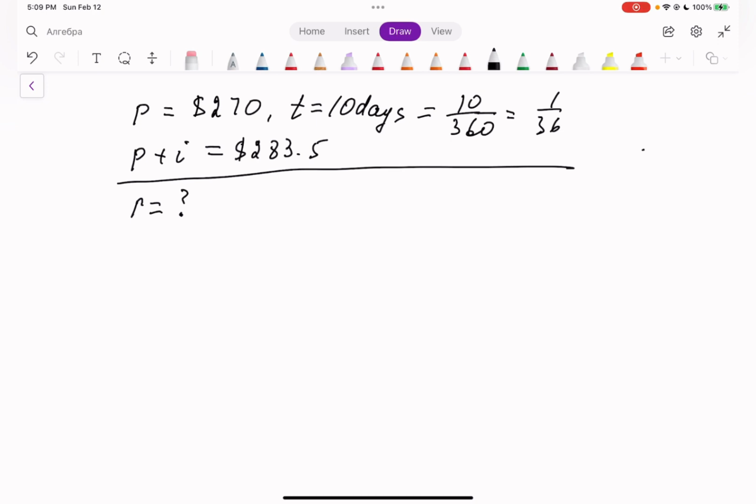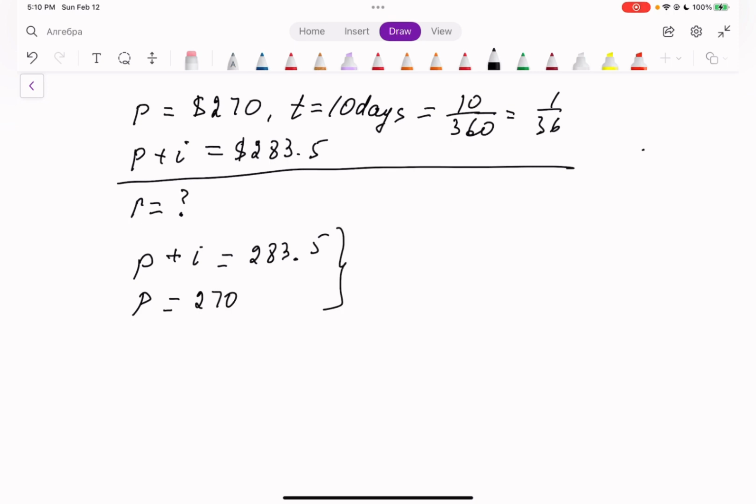So if we have the loan plus the interest Elisa paid, it's 283.5, and the loan amount is 270.